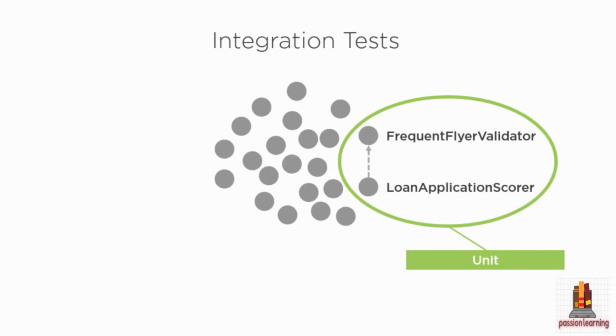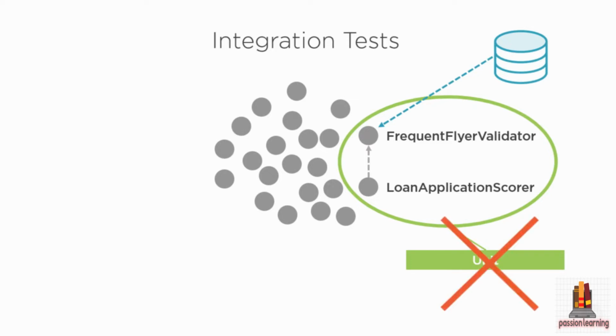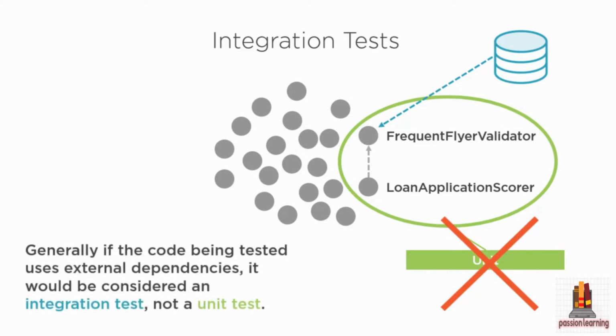However, if this FrequentFlyerValidator accesses an external resource, such as reading valid frequent flyer numbers from an external database, then we could no longer consider this a unit test because we're accessing an external resource. This would instead be considered an integration test. So generally speaking, if the code being tested uses external dependencies, it would be considered an integration test and not a unit test. Let's take a look next at subcutaneous tests.